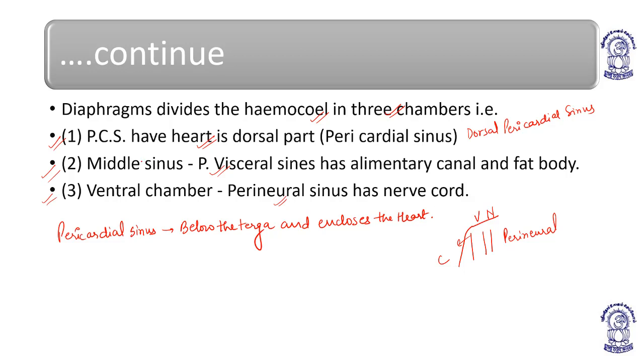Then the middle one, the perivisceral, is the largest and it encloses all the viscera, meaning organs.